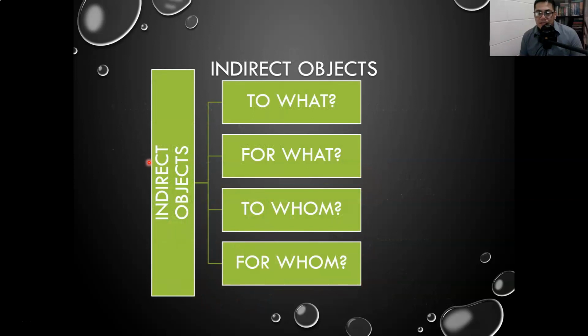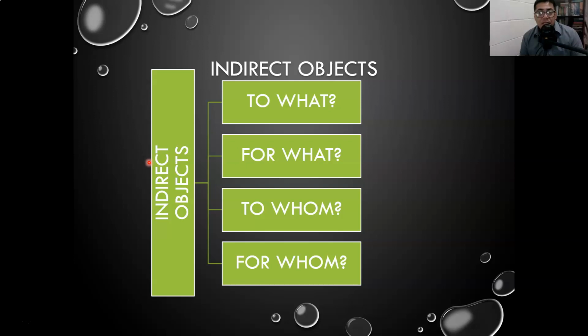What about indirect objects? Okay, indirect objects only happen, I repeat, only happen if you already have a direct object. Only in this case. And again, it's not an obligation to have an indirect object if you find the direct object. Sometimes you have the indirect object and sometimes you don't. I can say to find the indirect object, to what, for what, to whom and for whom.